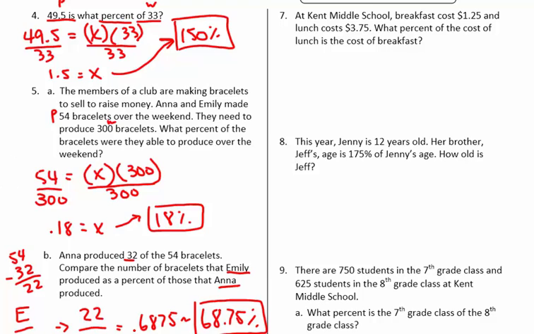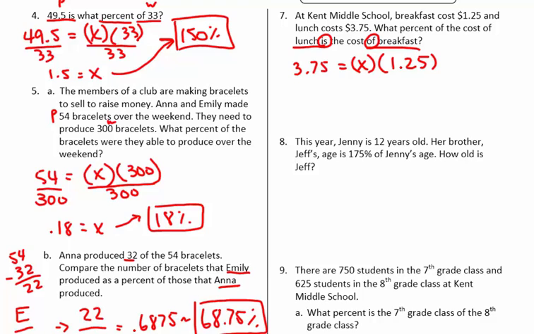At Kent Middle School, breakfast costs $1.25, lunch costs $3.75. What percent of the cost of lunch is the cost of breakfast? So we're comparing lunch to breakfast, and if you notice the word is and of, so is lunch, so 3.75 equals the percent I don't know times 1.25.